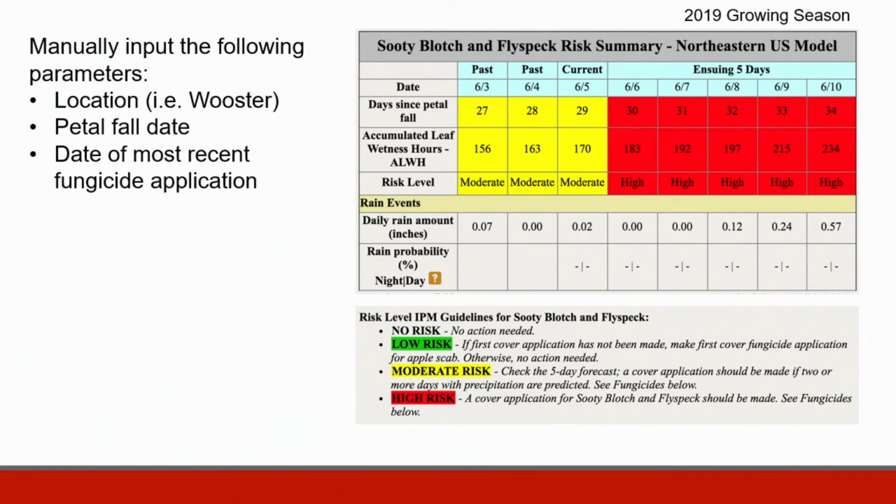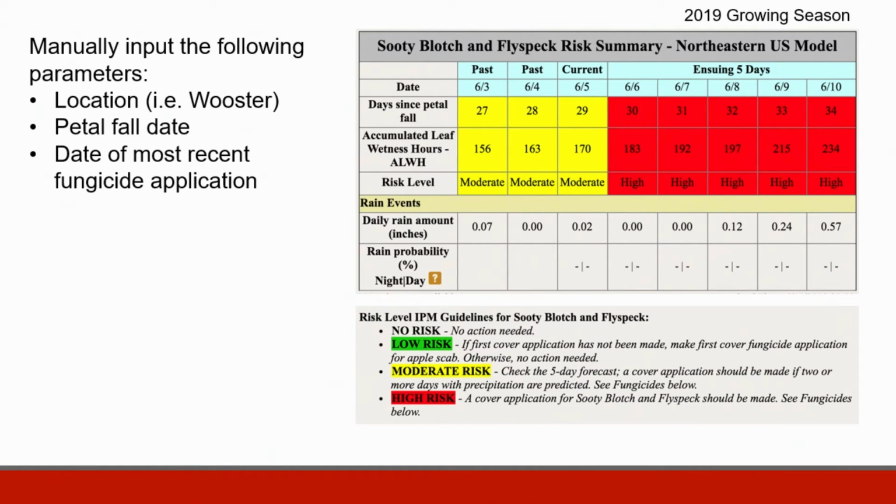When risk is moderate, the predicted LWD and rainfall for the next 3 to 5 days should be considered. So moving out from here, you want to look at the next 3 to 5 days.